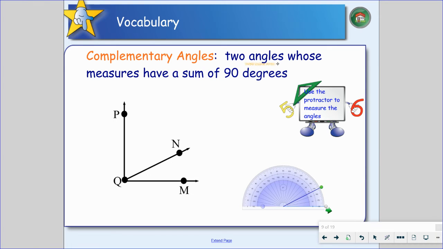Complementary angles. Two angles whose measures have a sum of 90 degrees.